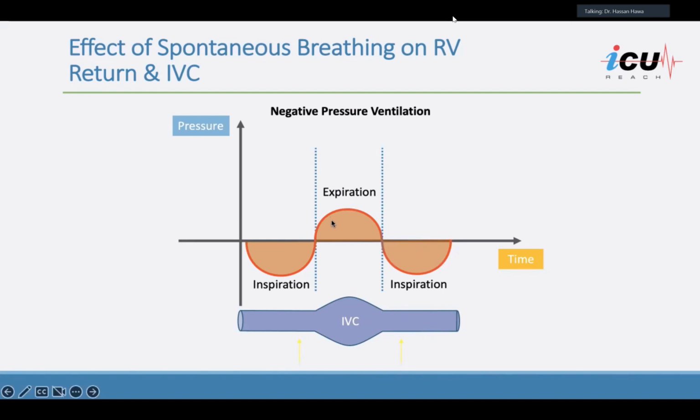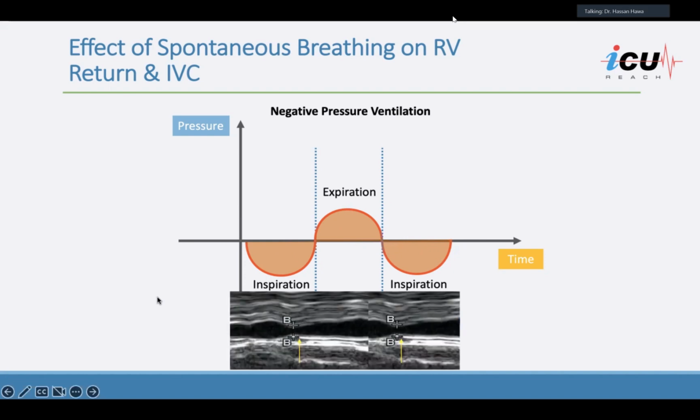And then during expiration, the reverse will happen. There will be higher intrathoracic pressure, and that leads to impediment of the venous return through the IVC, and hence the IVC, or the inferior vena cava, will get engorged. And this is what we usually see when we apply the ultrasound transducer to assess for IVC diameter and IVC variability.